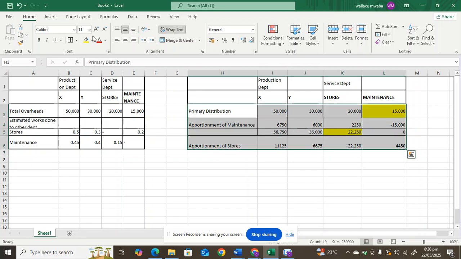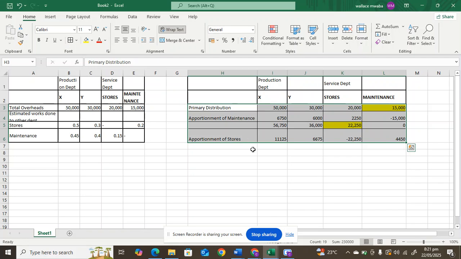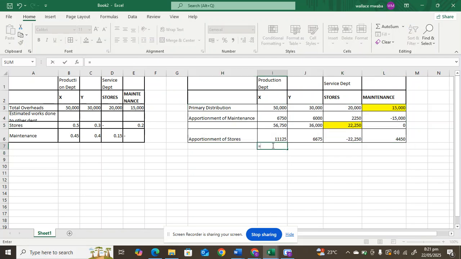So next thing we need to do is get our new totals. Here we say 56,750 plus 11,125. Here we say 36,000 plus 6,675, 42,675.